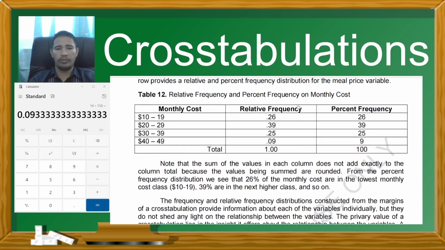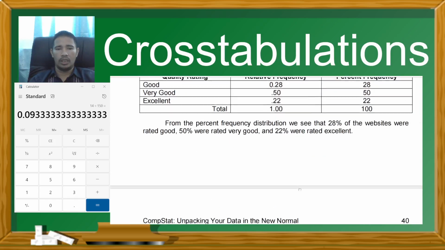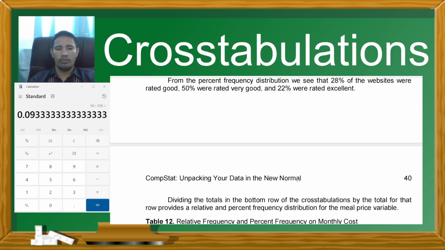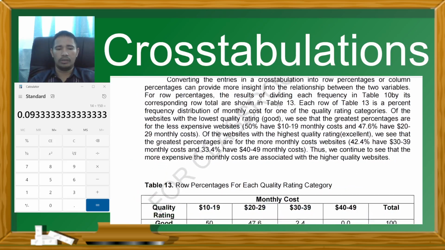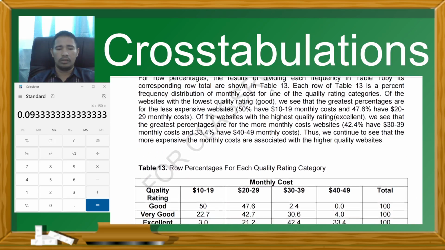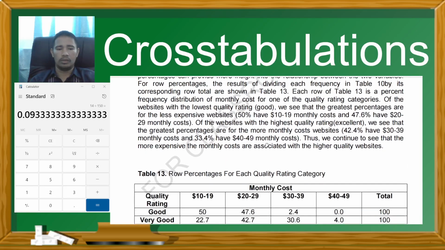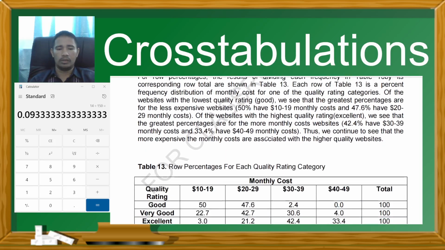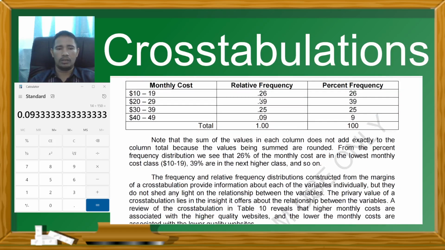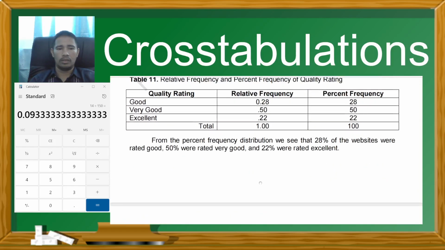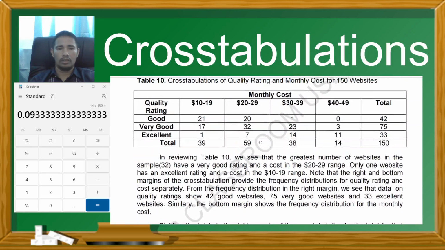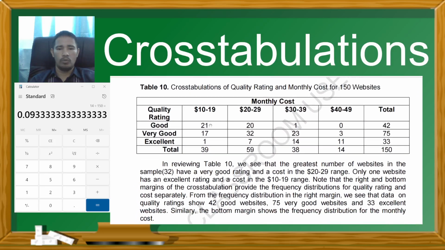Where do we get the 50? For the good, 10 to 19, that's 21 divided by 42. 21 divided by 42 is 50. So that's for the good.